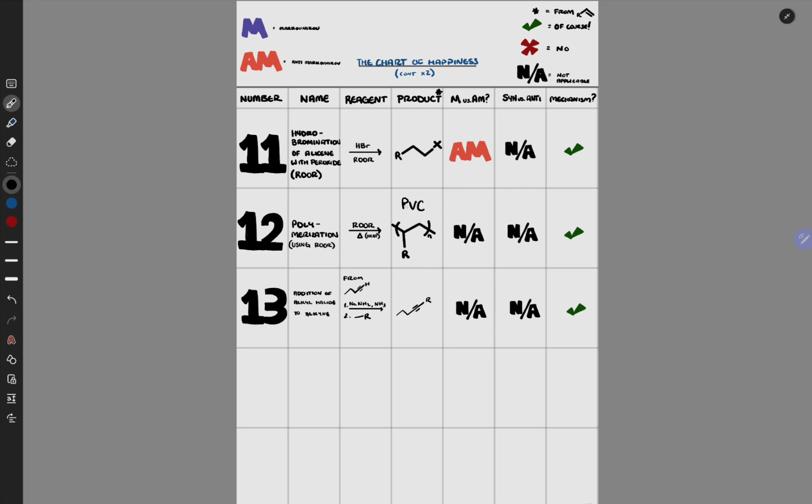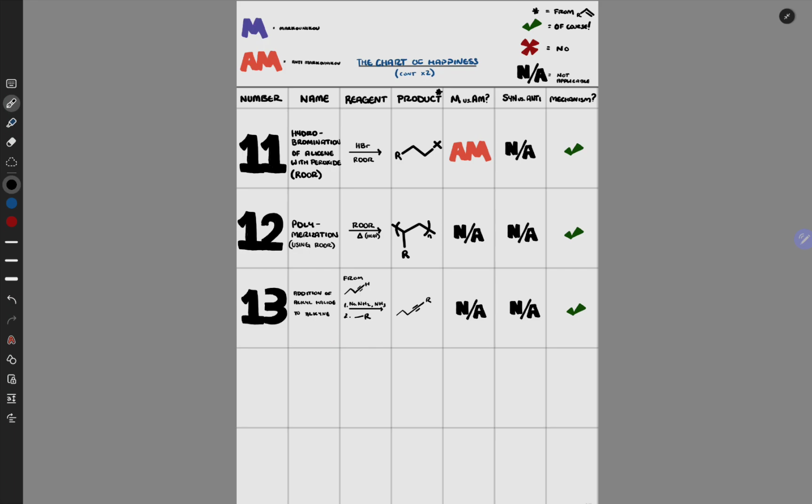This is how you make PVC pipe. You'll make that hardened substance, melt it back down, and then you can shape it into a pipe and use it in your plumbing. Super awesome. So this doesn't matter when it comes to Markovnikov, anti-Markovnikov, syn, and anti. We will need to know the mechanism.